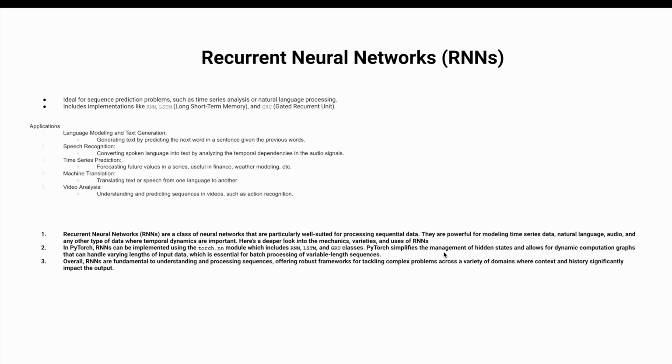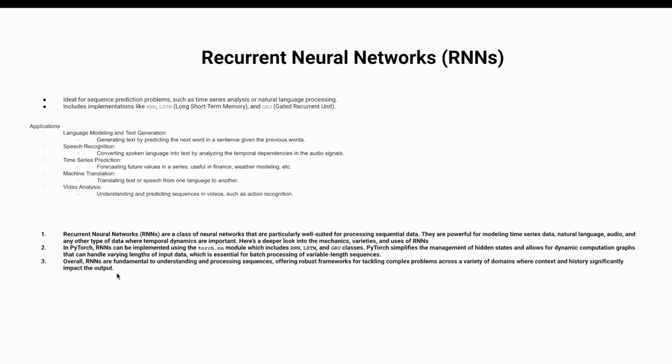And PyTorch simplifies the management of hidden states and allows for dynamic computation graphs that can handle varying lengths of input data, which is essential for batch processing of variable length sequences. We'll see about batches in PyTorch, and we will also see why we need them, but we'll discuss that as we continue with our PyTorch series.